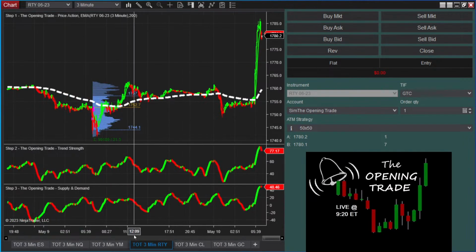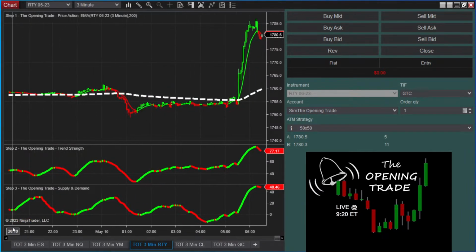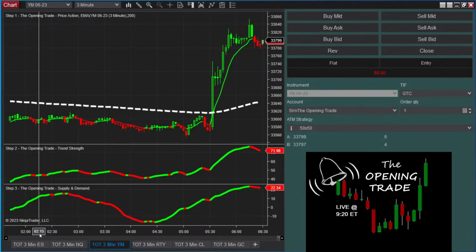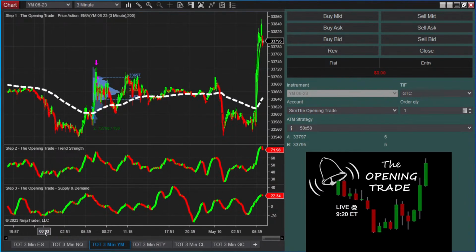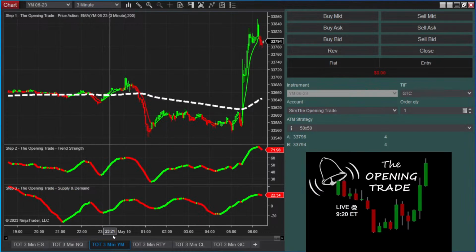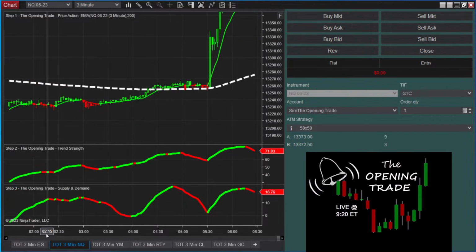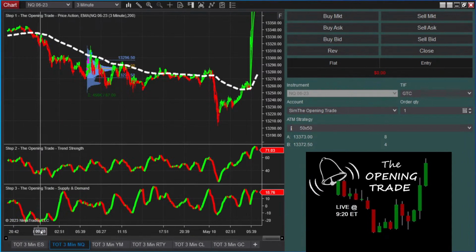This is Russell 2000 futures. All these charts are futures. Yesterday through today, here we see the Dow Jones futures. Here is yesterday through today. NASDAQ, yesterday through today.